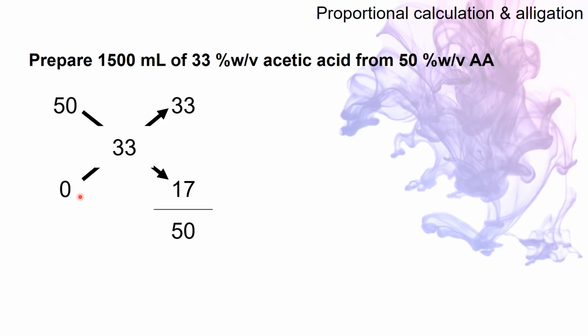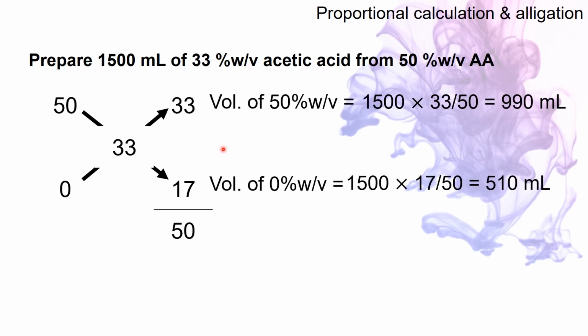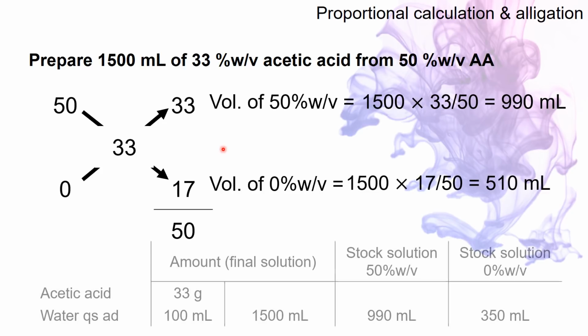By putting the numbers on the left panel and the intermediate at the center, subtracting the numbers on the cross and totaling up the right panel, you should get 33, 17, and 50. By taking the ratio for each of the solutions, you will get 990 ml of 50%, and for the 0%, you have 510 ml.